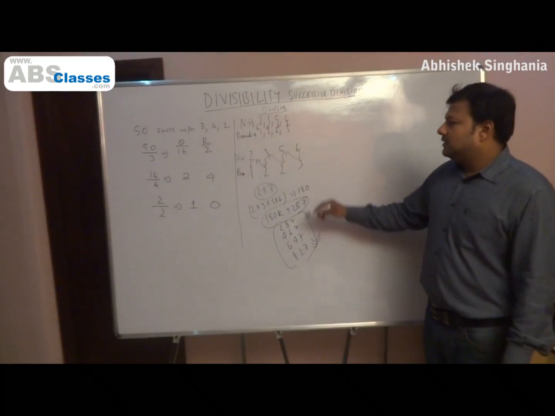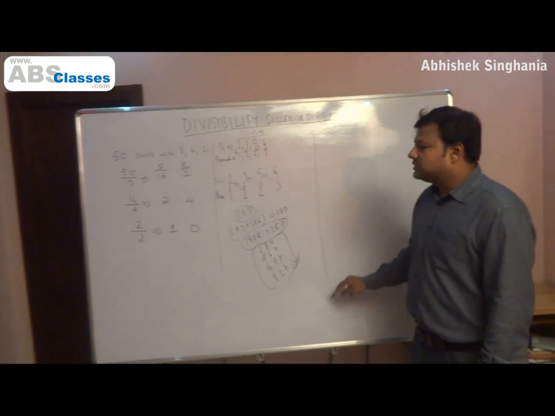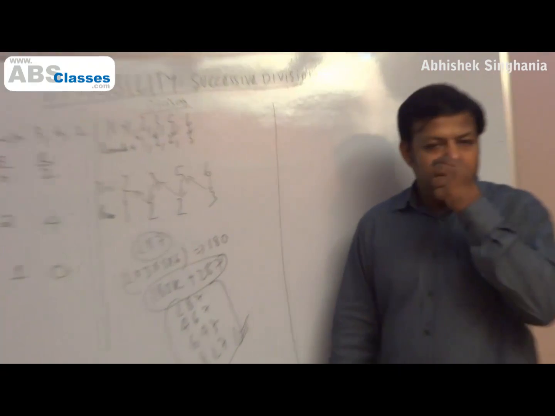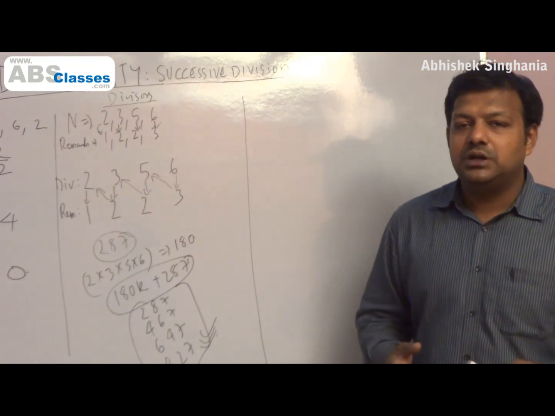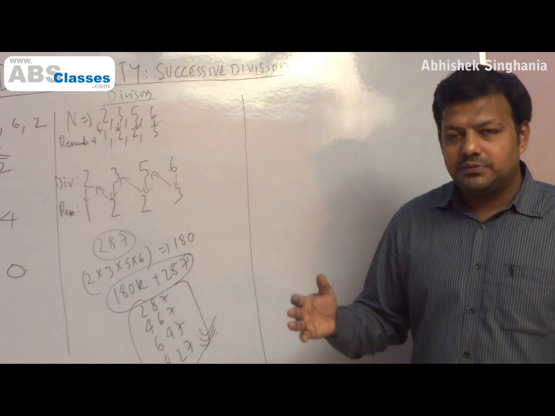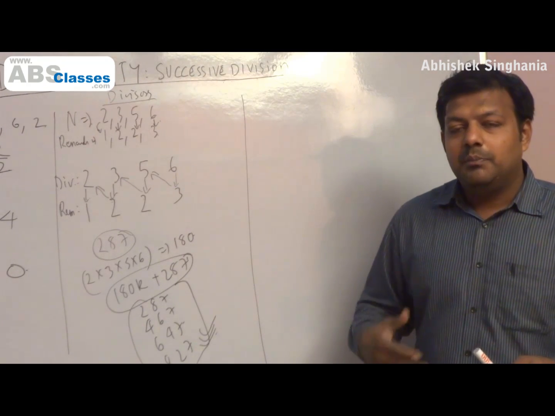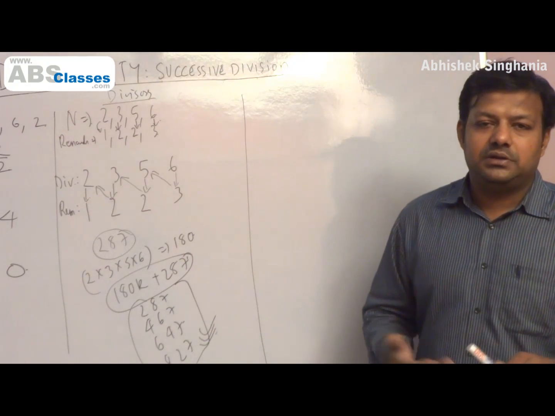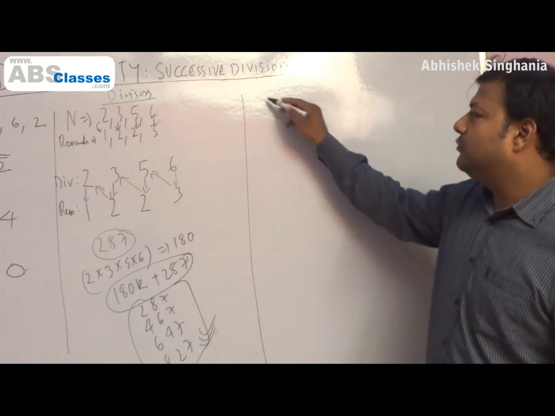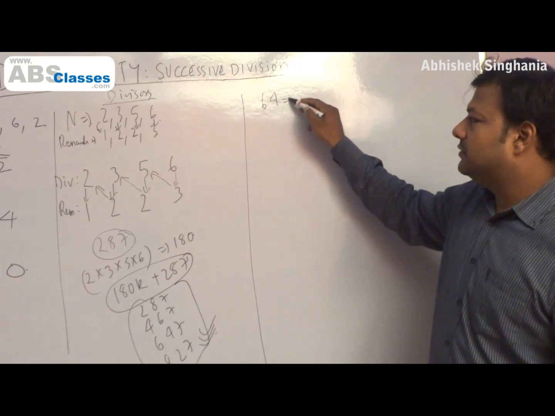Alright. One more case where we can use successive division. You remember in divisibility we said that we check divisibility by a composite number by breaking it up as a product of co-prime numbers. But what if not breaking it up as co-prime numbers is actually better for us? For example, say I have to check divisibility with 64.